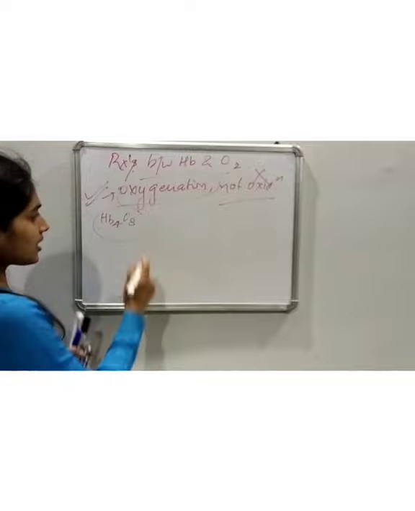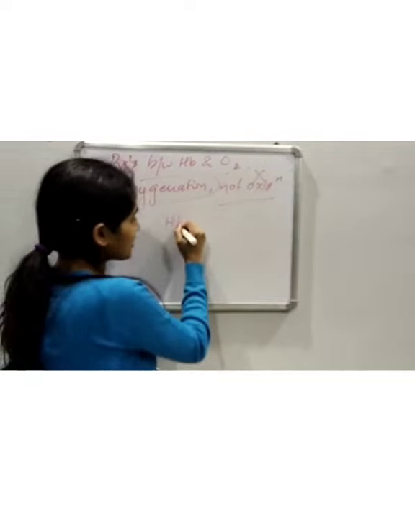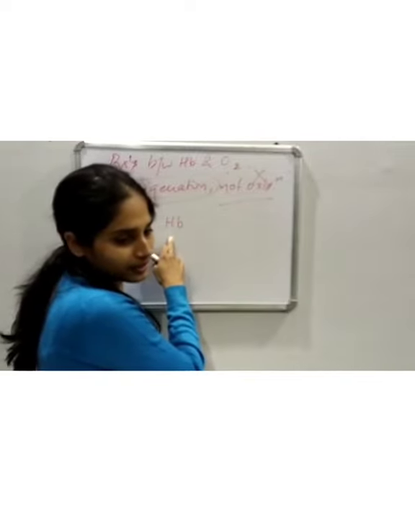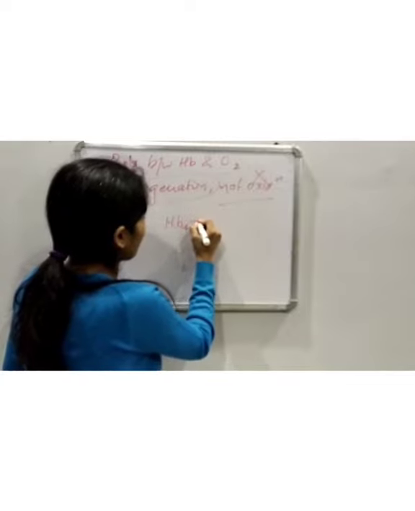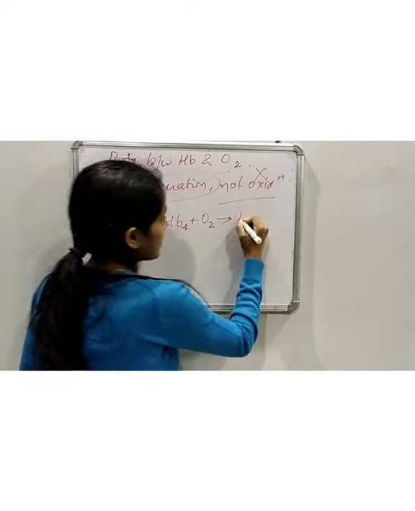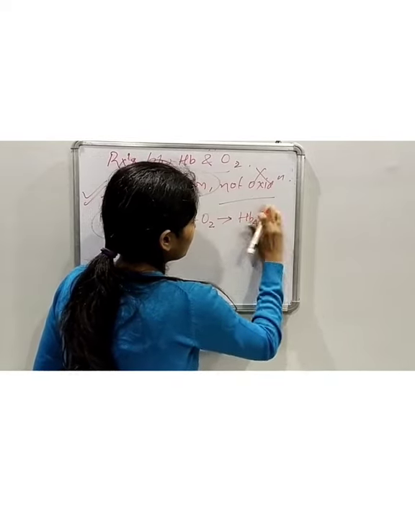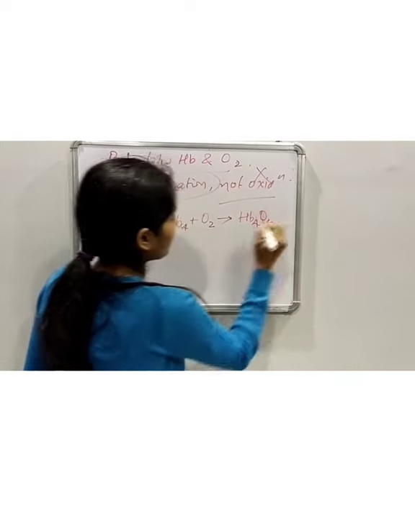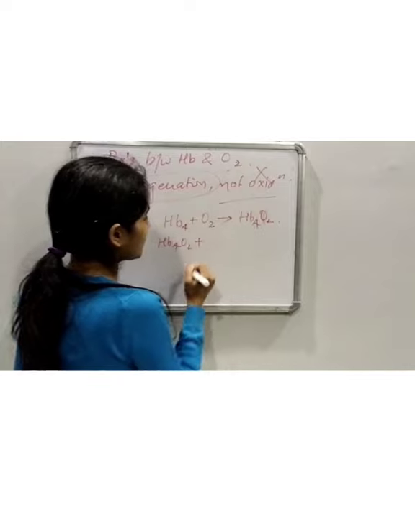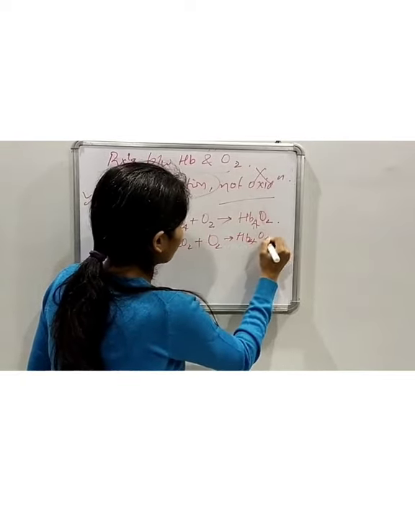The sequence of the reactions is as follows: first, 1 molecule of hemoglobin, Hb4, binds to oxygen and forms Hb4O2. Then this Hb4O2 combines with another oxygen molecule and forms Hb4O4.